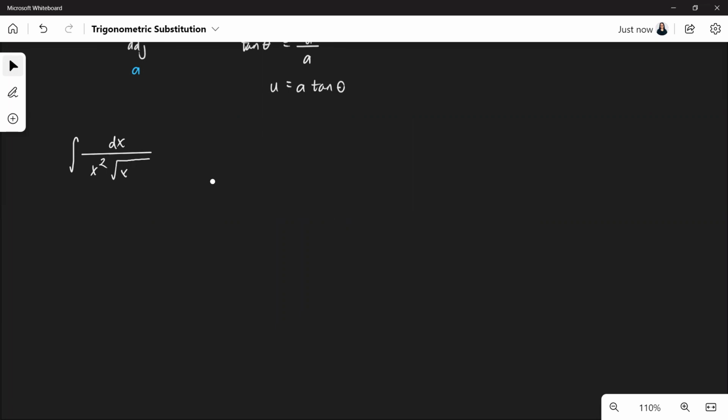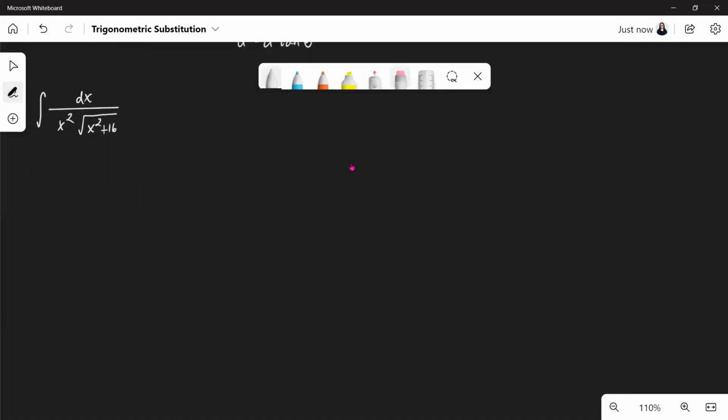Inside the radical is x squared plus 16, so we do not have a formula for this. So we use trigonometric substitution. We draw the right triangle. Again, if you tend to forget the substitution equation, go back to the basics. So you draw the triangle.